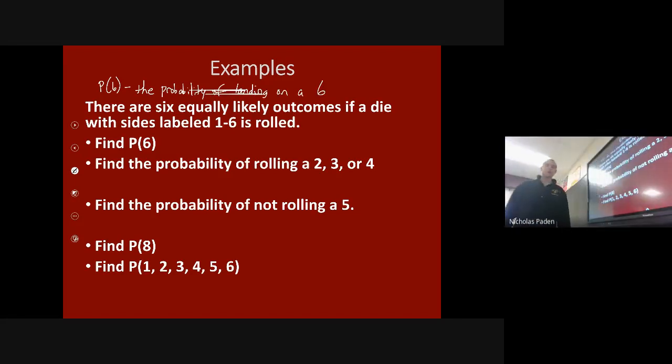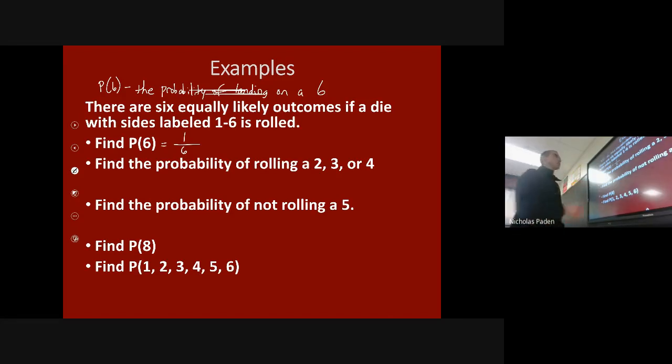Anytime we're writing the probability, we're going to write P, parentheses, whatever it is that we're looking for. The question is, how many sides have a 6 on them? That would just be one side, out of 6 total sides. So 1 out of 6, 1 over 6. That is the probability of landing on 6.